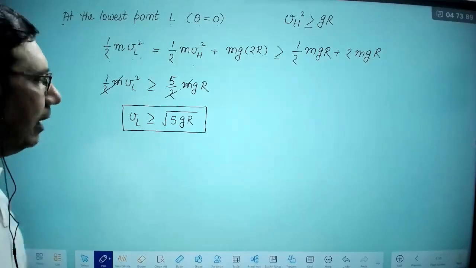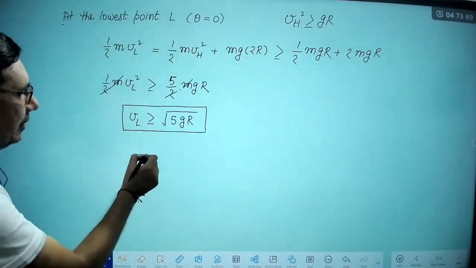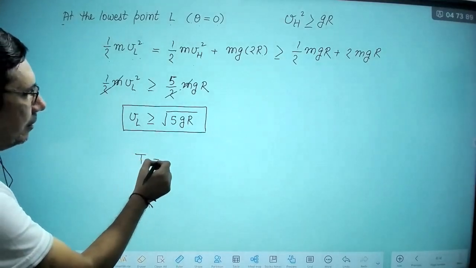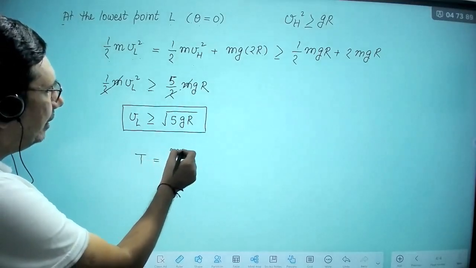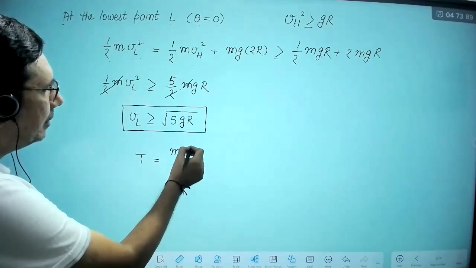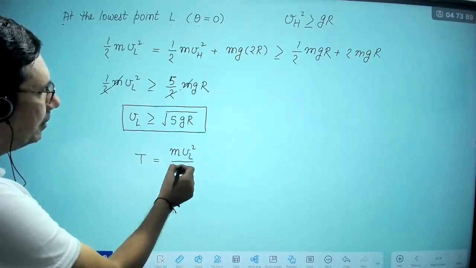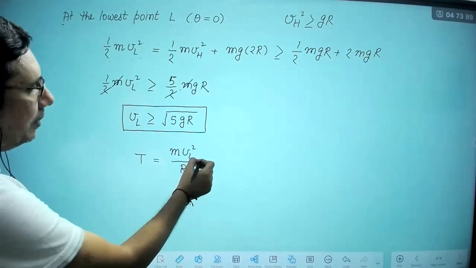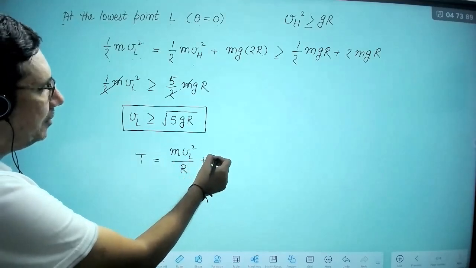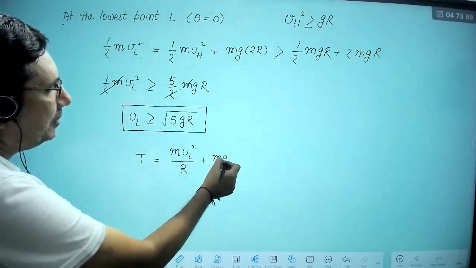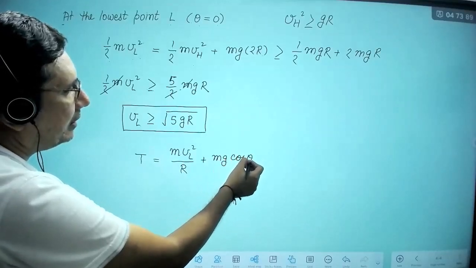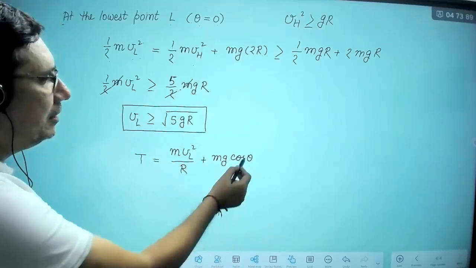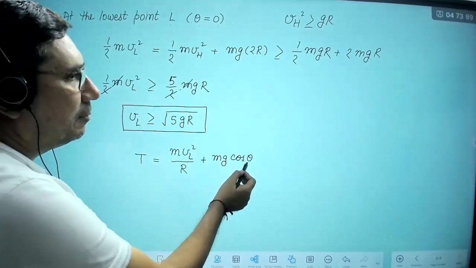Is that okay, beta? And at the lowest point, what will be the T? How much will T be? That will be m vL square upon R plus mg cos theta. Now theta is 0 at the lowest point, so this will be just mg.